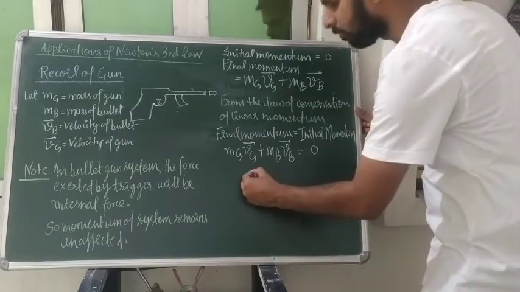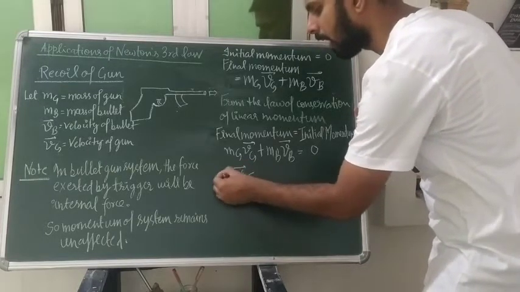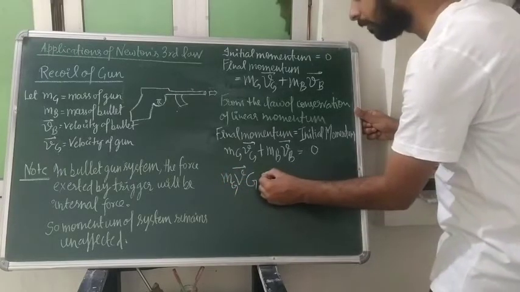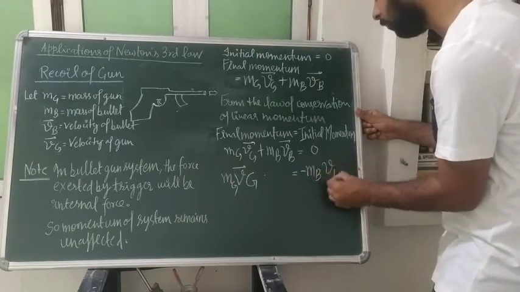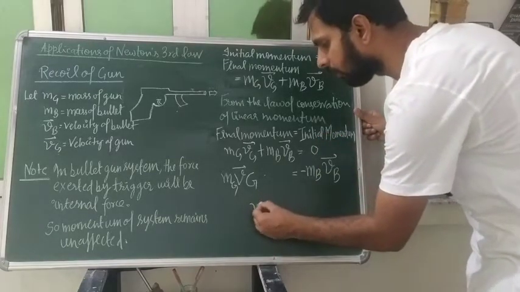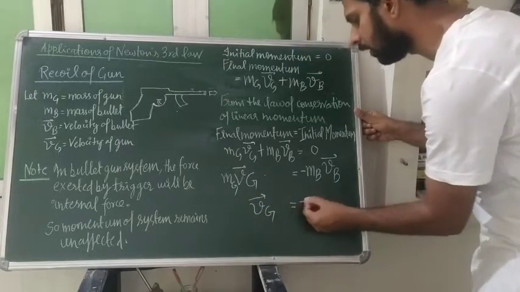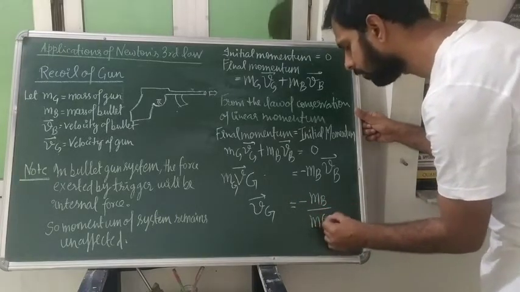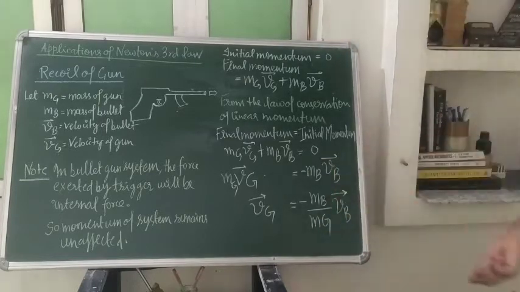So from here, mg times vg will be equal to minus the mass of the bullet times the velocity of the bullet. And from here, what will we get? The velocity of the gun is nothing but the mass of the bullet divided by the mass of the gun, times the velocity of the bullet.